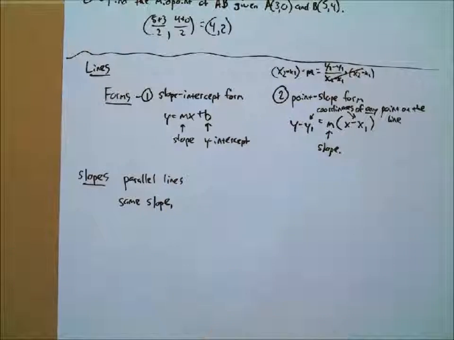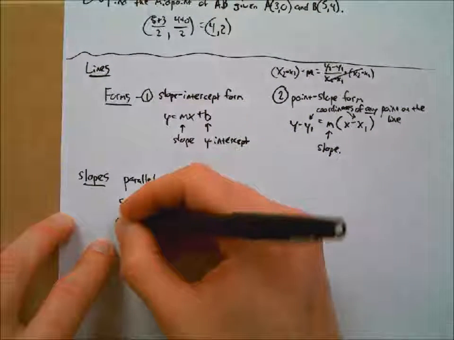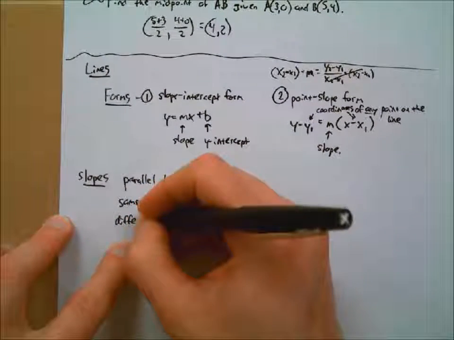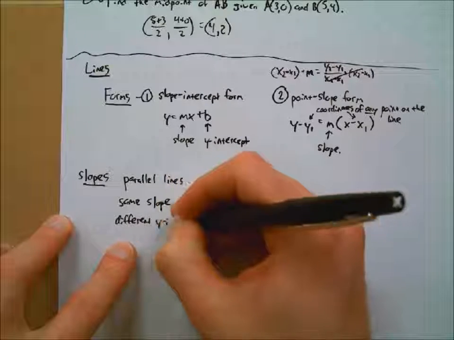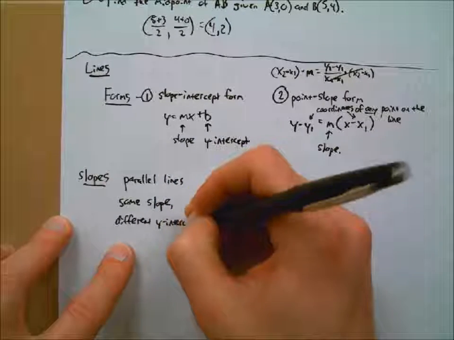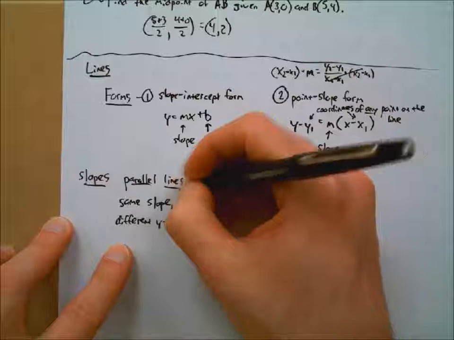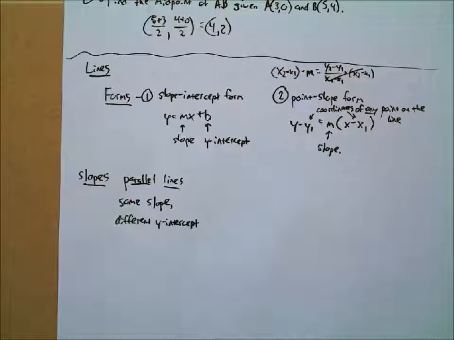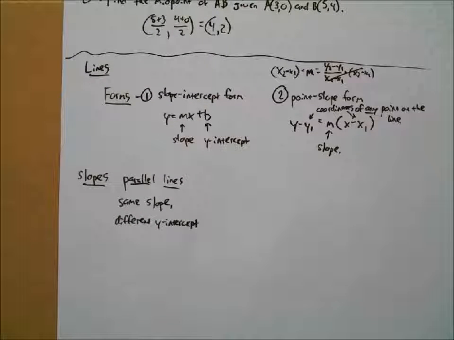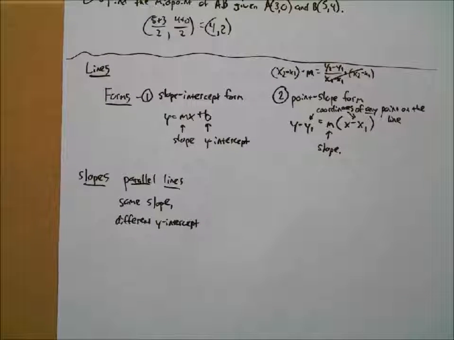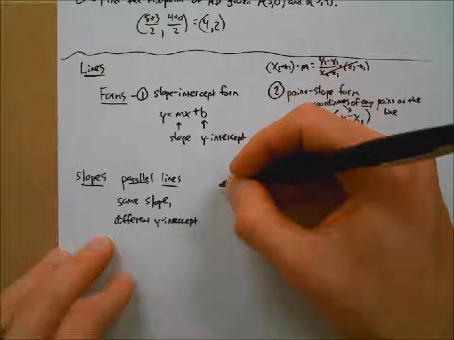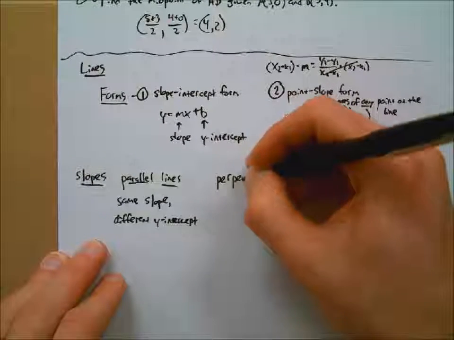And we should technically also specify different y-intercepts. Because if two lines have both the same slope and the same y-intercept, what's true about those two lines? They're the same line. And they can't really be parallel when they're the same line, right? So we should specify that too. But typically, we just say the same slope.